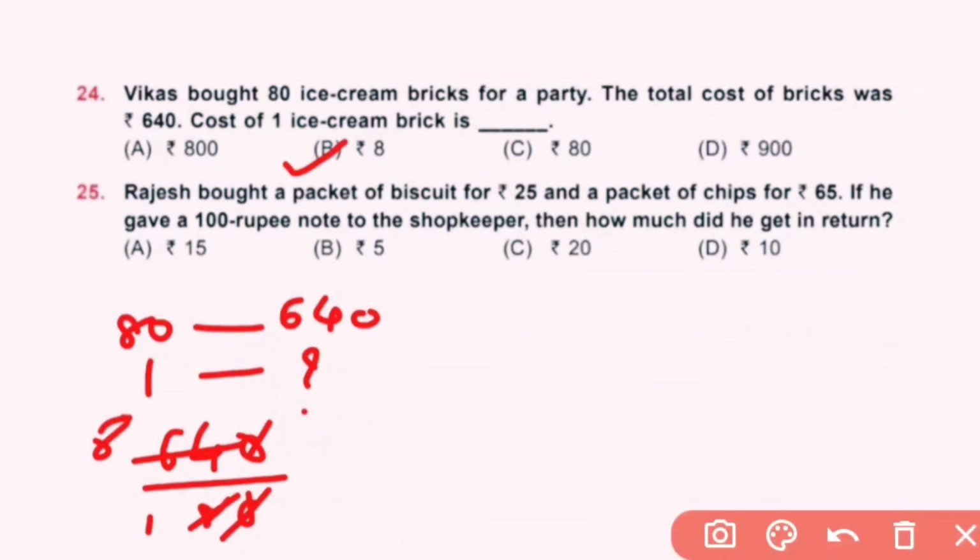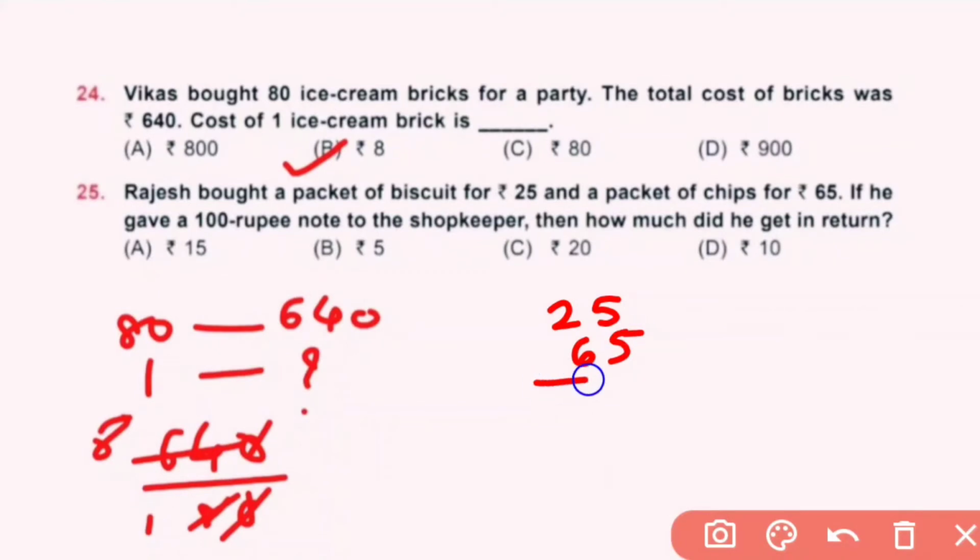Question number 25. Rajesh brought a packet of biscuit for rupees 25 and packet of chips for rupees 65. If he gave a 100 rupees note to the shopkeeper, then how much did he get in return? So he brought biscuit of 25 rupees and chips for 65 rupees.